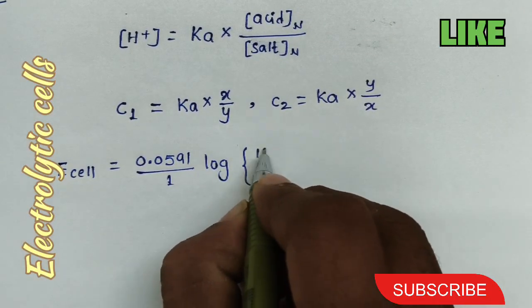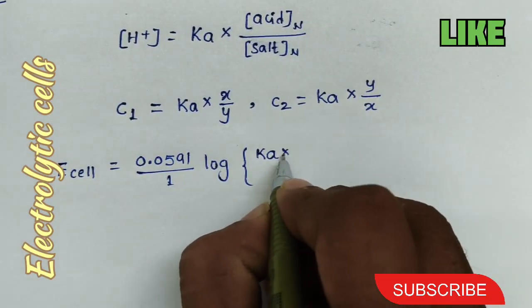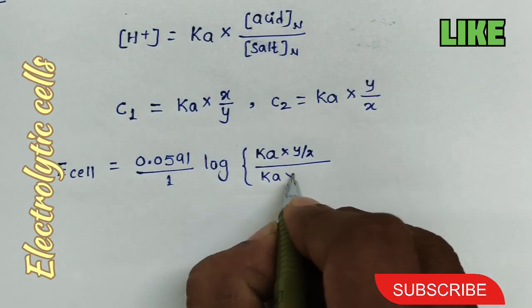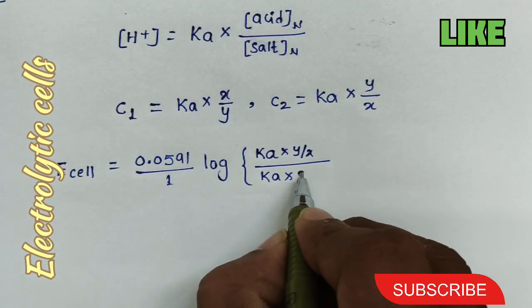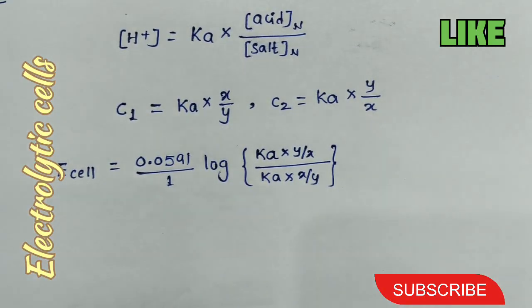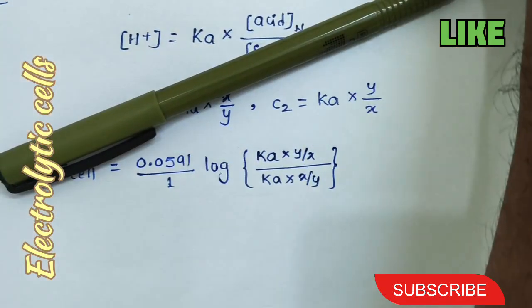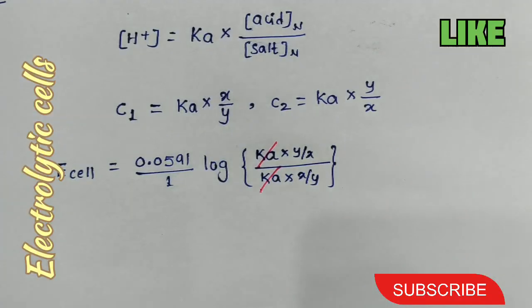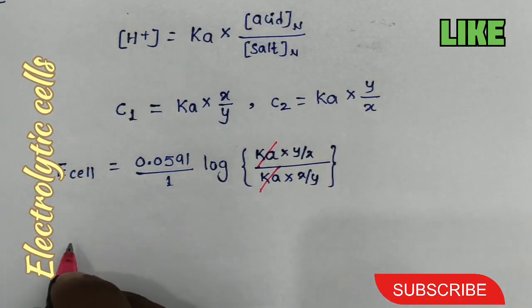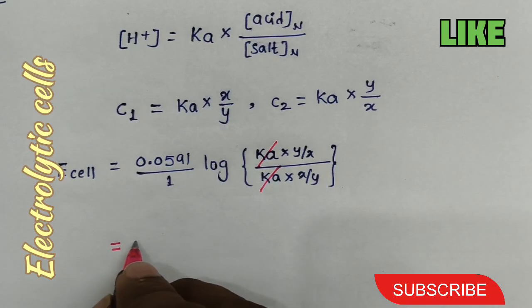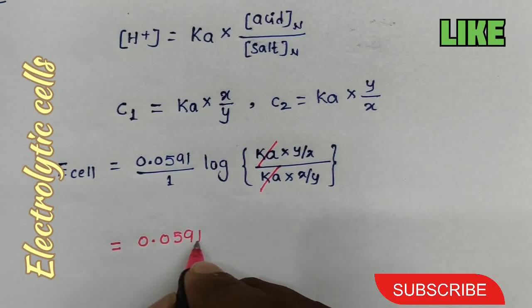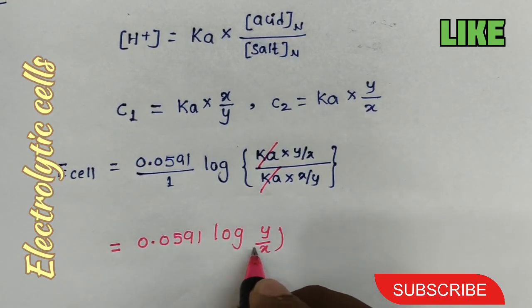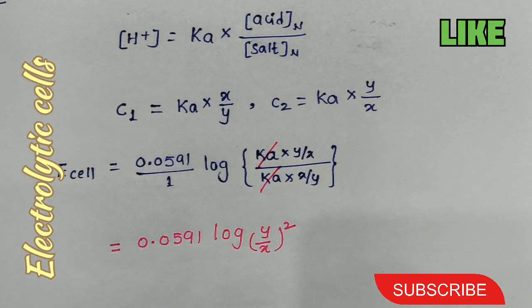So we can write Ka into Y by X by Ka into the C1 concentration, Ka into X by Y only. So Ka both get cancelled. Next we can write E cell is equal to 0.0591 log of Y by X whole square.